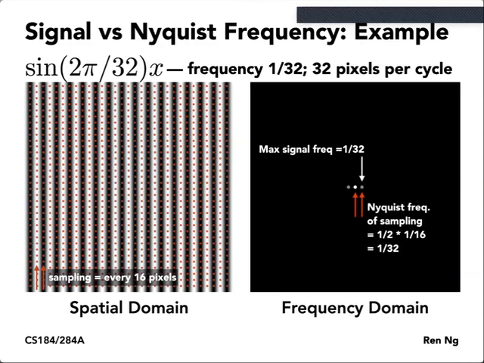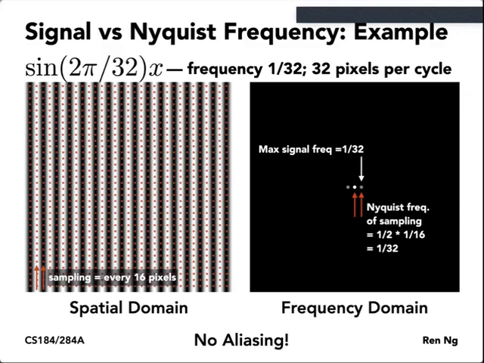But the sampling frequency is 1 over 16, which means that the Nyquist rate is half of that. Half of 1 over 16, as you can see, is 1 over 32. Okay, so the Nyquist frequency and the maximum frequency in the sinusoid match. So according to Nyquist, this is the exact cutoff when we're safe, okay? No aliasing.